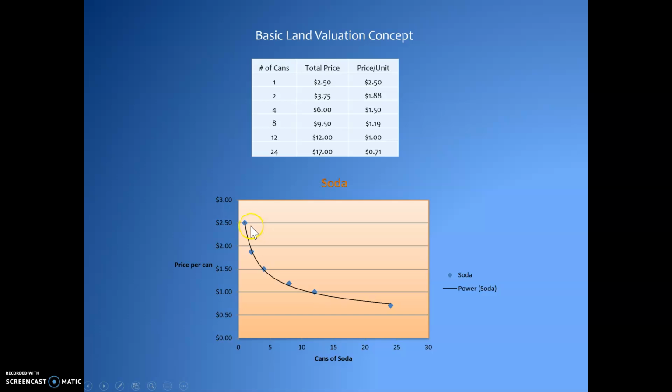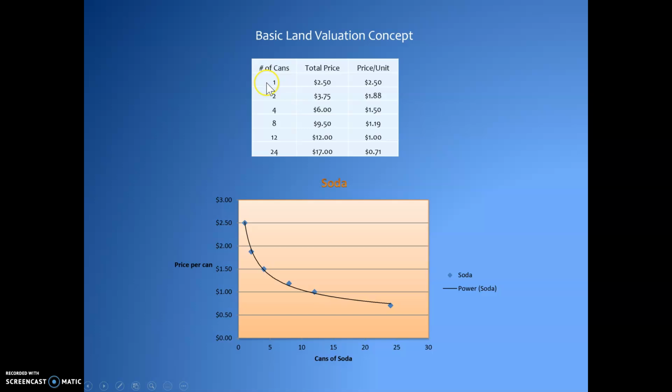Now, looking at that on a graph, our first can of soda is $2.50. Then as we get down to about 12 cans of soda, that gives us $1 per unit per can of soda. Hopefully that gives a little representation of what we do, and that's the same thing we do for land.